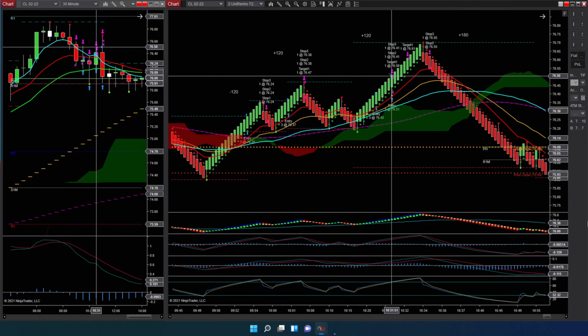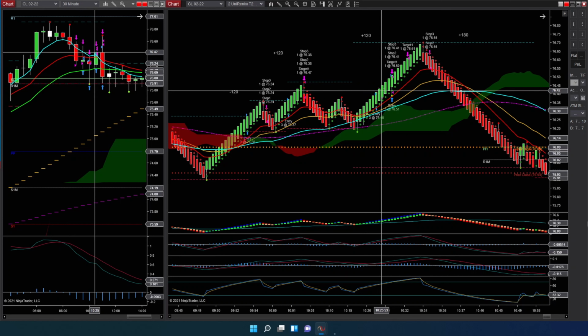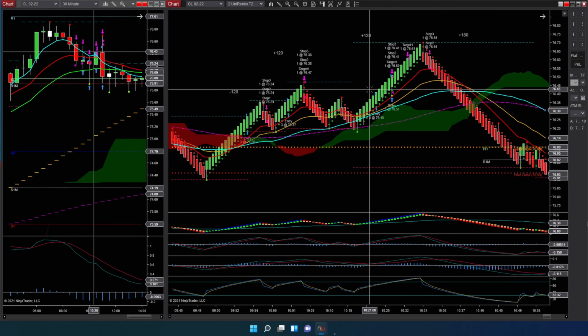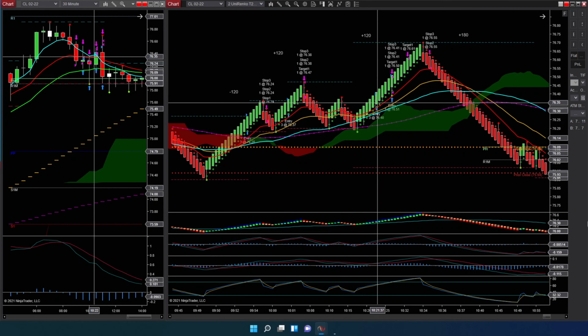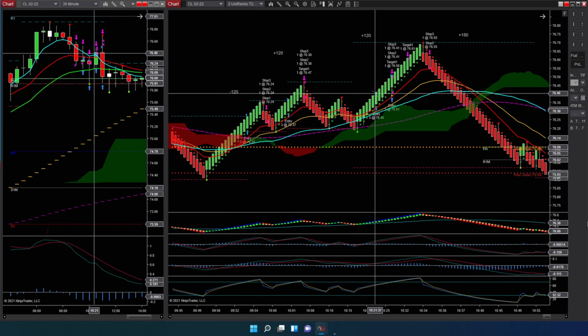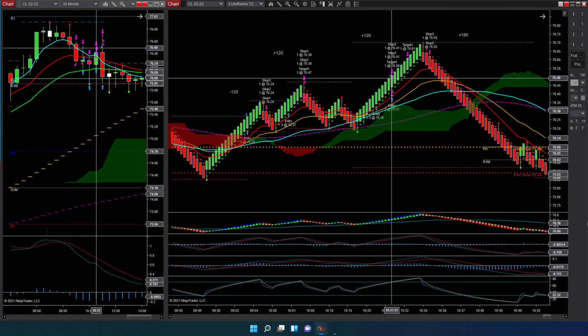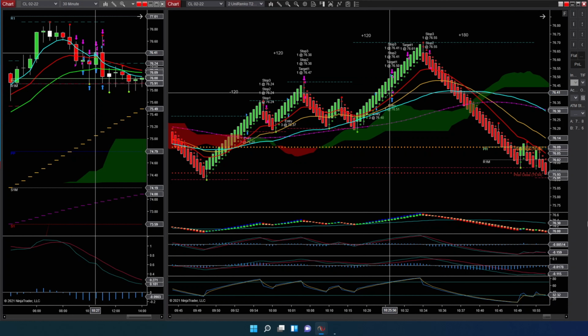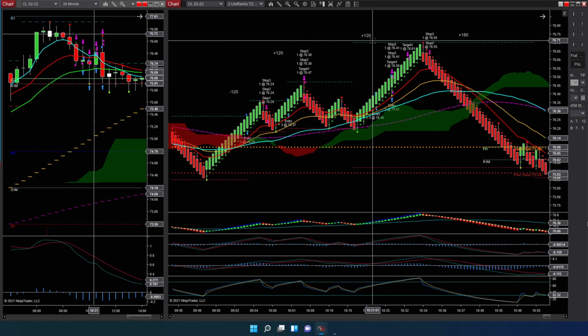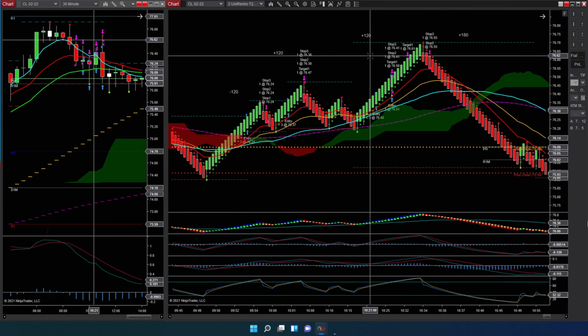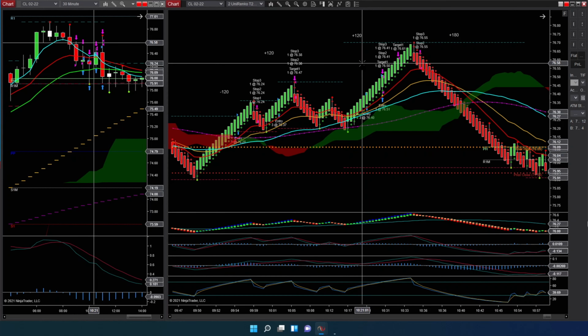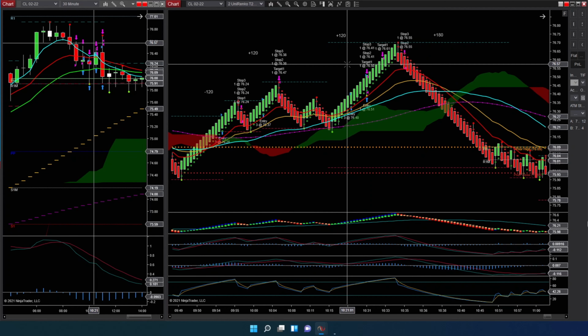I'm sorry, I took this one here. This is the entry, and this one was good for one contract, so $100, and then the other two sold at break even plus one. So it's $100 for the first one and $20 for the second one and the third one.